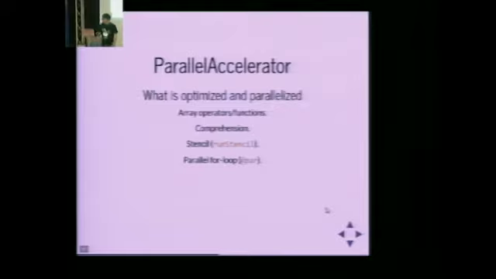So what's actually being optimized by ParallelAccelerator? There are array operators that operate on the whole array. They can be parallelized. They have inherent parallel semantics. And also reductions and all that, we parallelize those. And we support Julia array comprehension. And also we provide some other features that are not already in the Julia ecosystem, something like stencil support.